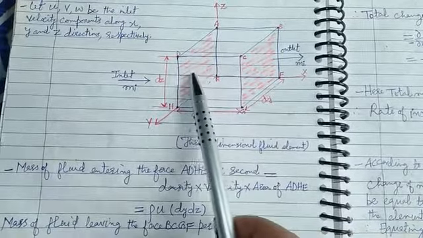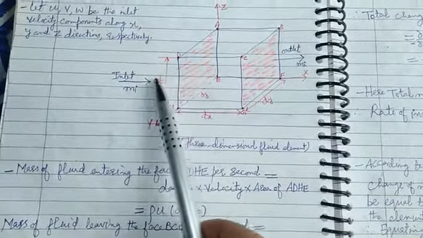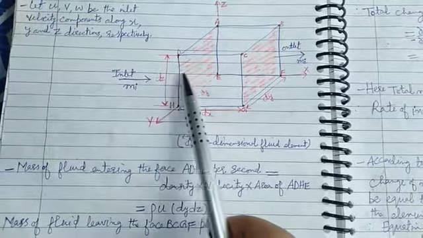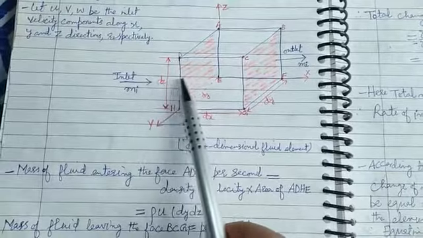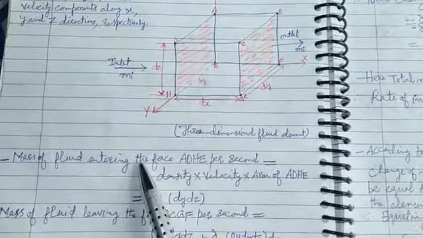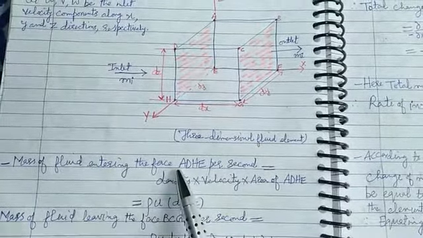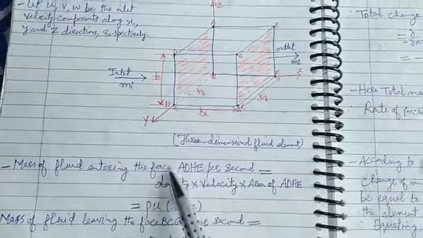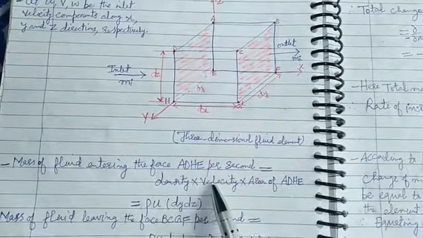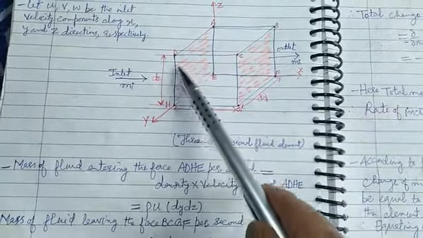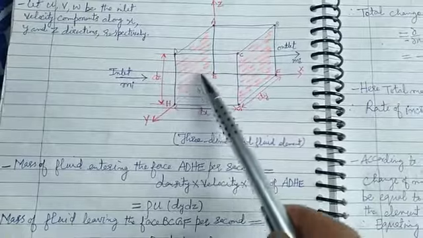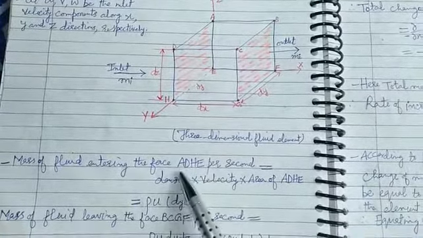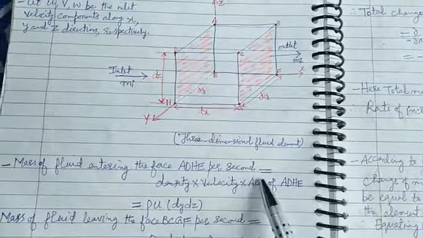This is perpendicular to this face. So the mass of fluid enters through this face at a right angle, along the x direction, per second. The mass rate of the fluid entering this face is equal to density into velocity into area of cross section, as I already told you.